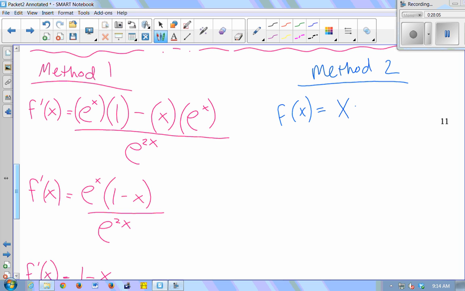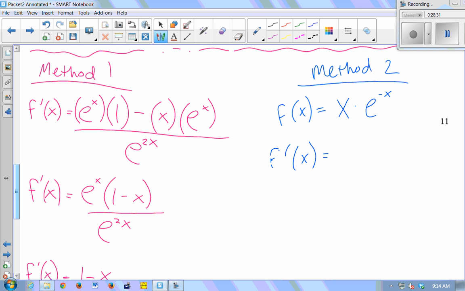I can take that e to the x, move it to the numerator, and make the exponent negative. Just rules of exponents. So now this says x times e to the negative x, and I can use the product rule instead of the quotient rule. So you can always do this. Whatever's in the denominator, move it to the numerator and raise it to the negative 1. And you can use the product rule if you want.